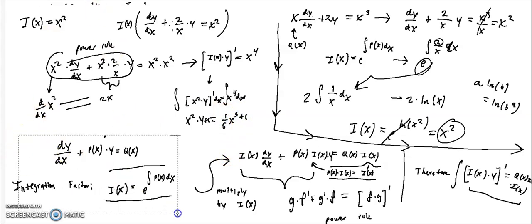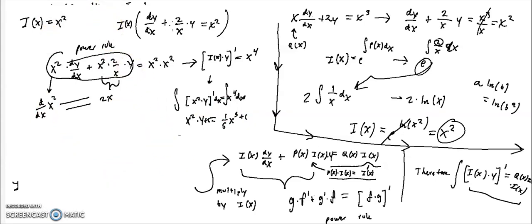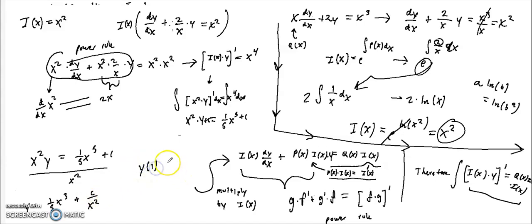And now we'll just solve for y. So x squared times y equals 1/5 x to the fifth plus c. We divide by x squared, we get y equals 1/5 x cubed plus c over x squared. And say we had an initial condition like y of 1 equals 1.